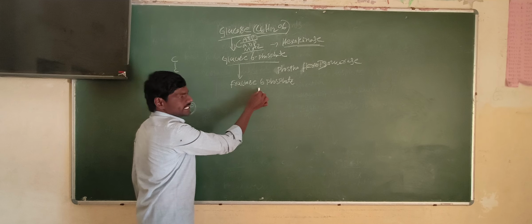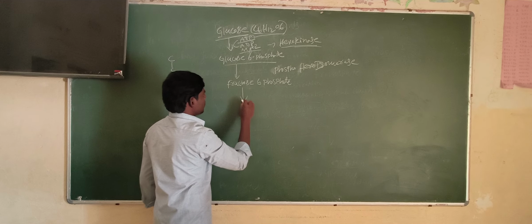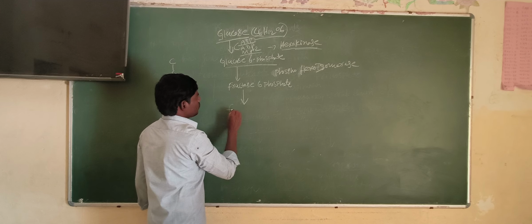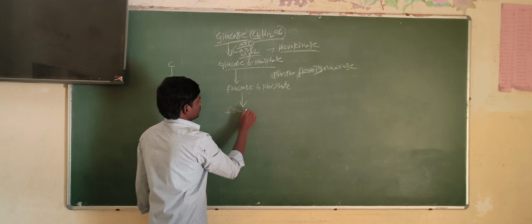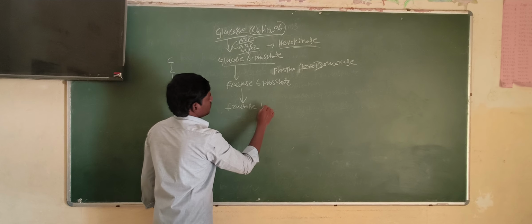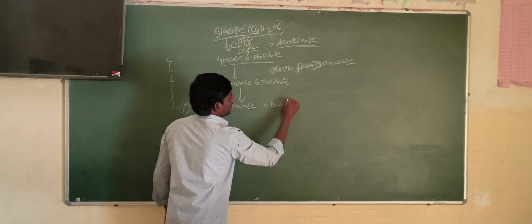This fructose 6-phosphate is then converted, or modified, into fructose 1,6-bisphosphate, or diphosphate.